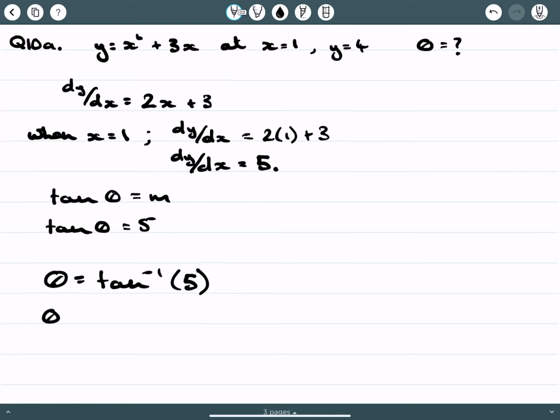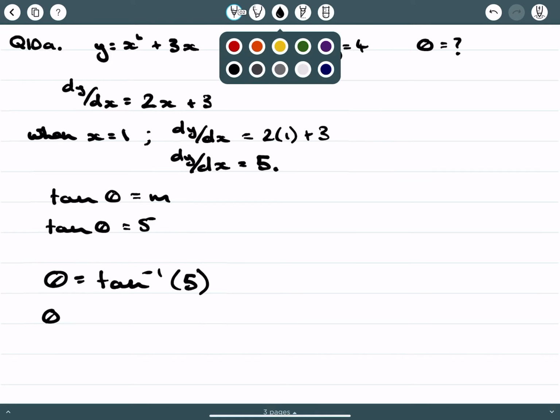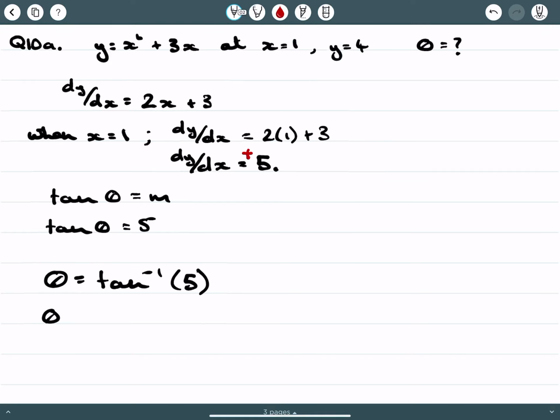And I should notice that this gradient or this slope is positive. Therefore, I don't have to worry about the orientation of the graph. I can just automatically do this calculation as is. And when I plug it into the calculator, remember you're going to have to change your calculator into degrees, not into radians.